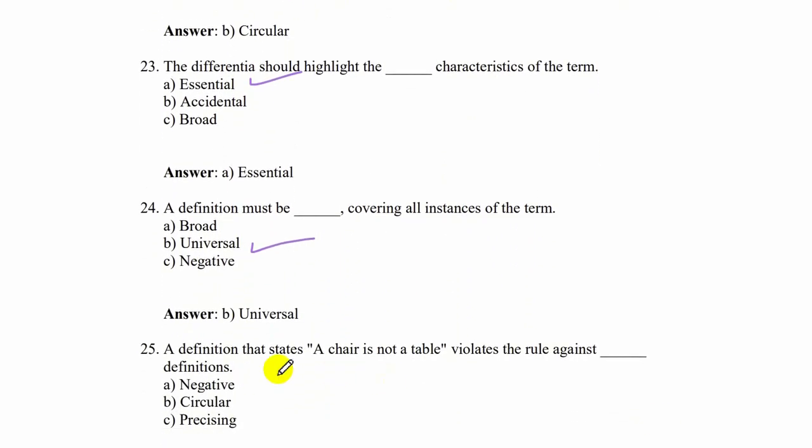A definition that states a chair is not a table violates the rule against precising. A chair is not a table. It could be a negative definition also. I think it's more pointing towards a negative definition.